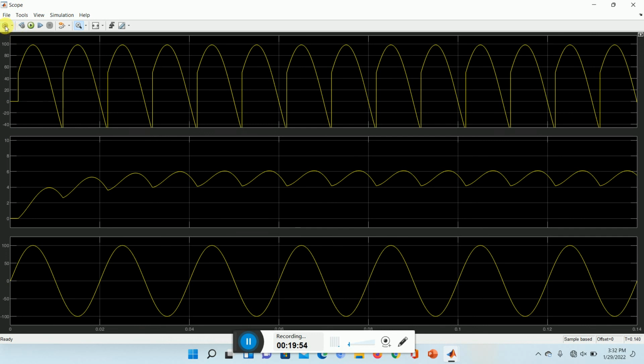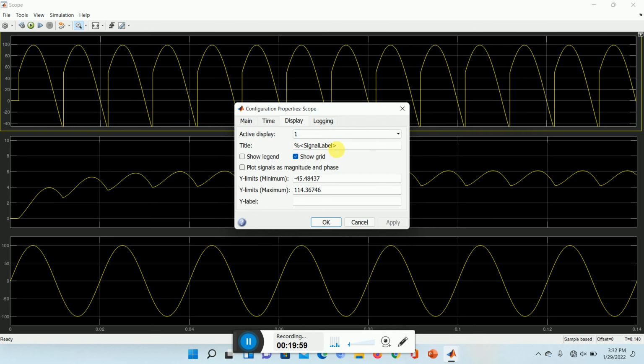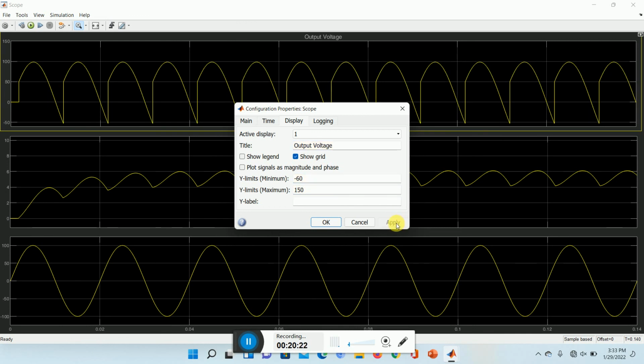So you can change the axis, like display. First one is the output voltage. The Y limit is minus 45, so let us make it minus 60, and the upper one, let us say, 115. Apply. Now it seems okay. Minus 60, let us say minus 100.